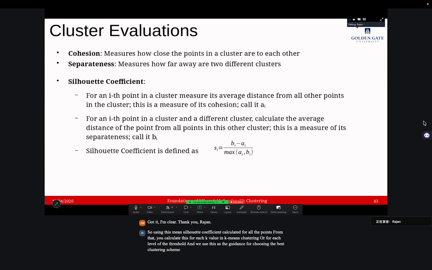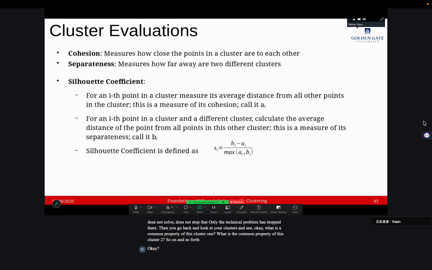Once you have got the clusters, the problem does not stop there. Only the technical problem has stopped there. Then you go back and look at your clusters and see what is the common property of cluster 1, what is the common property of cluster 2, and so on and so forth. Then you take an action based upon your understanding of the cluster.